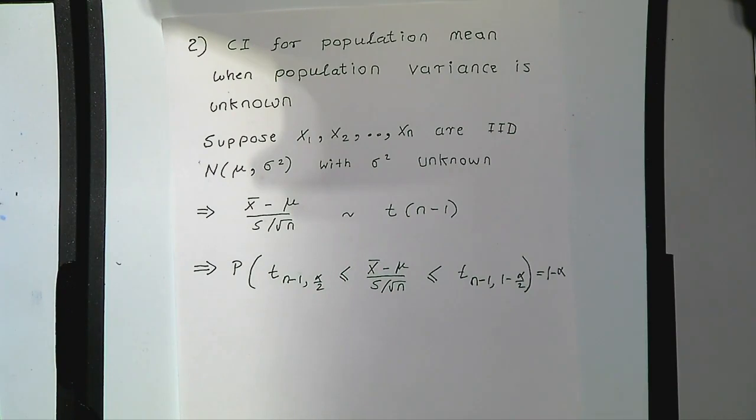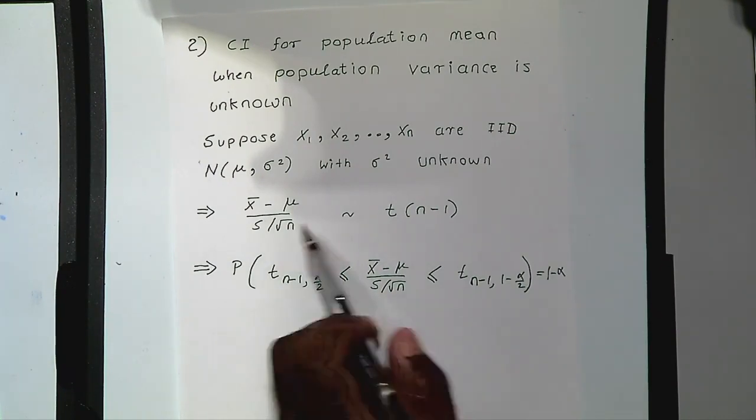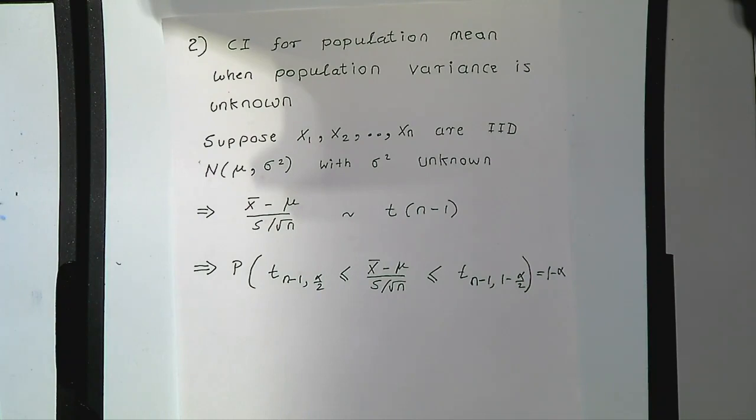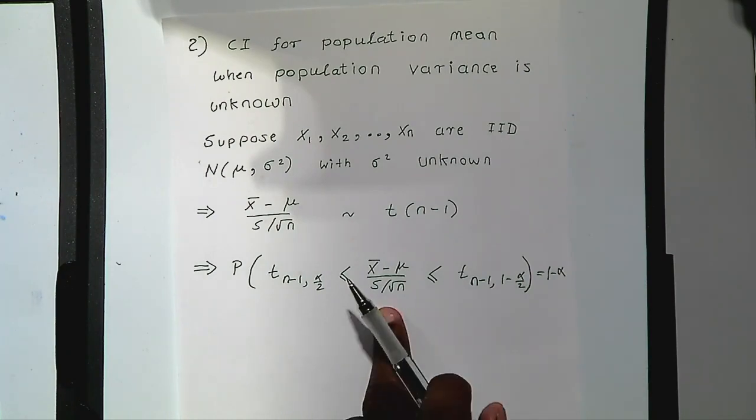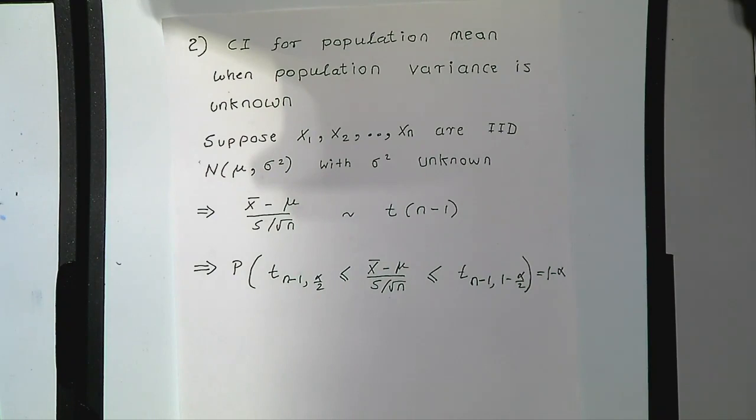Do you see why? Because this has a t distribution, and this is the shape of the density of a t, the probability that this lies between these two limits, with degrees of freedom n minus 1, must be 1 minus alpha, right?